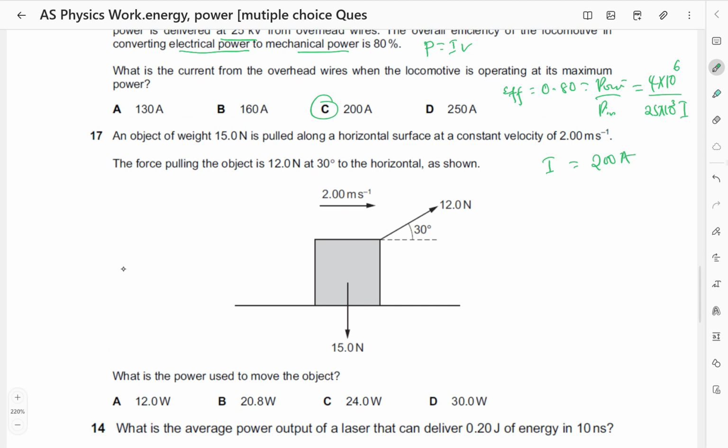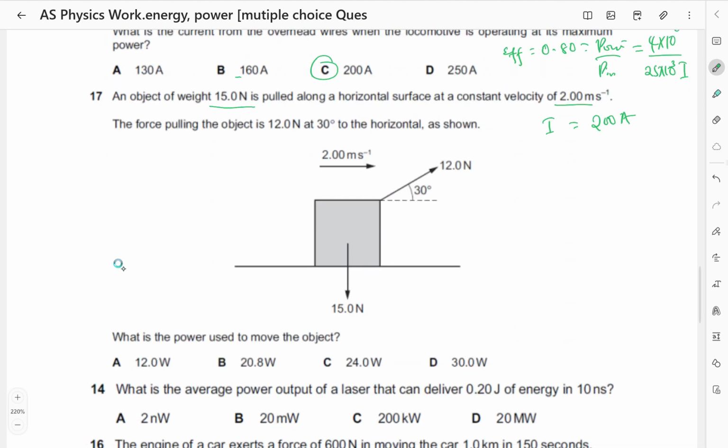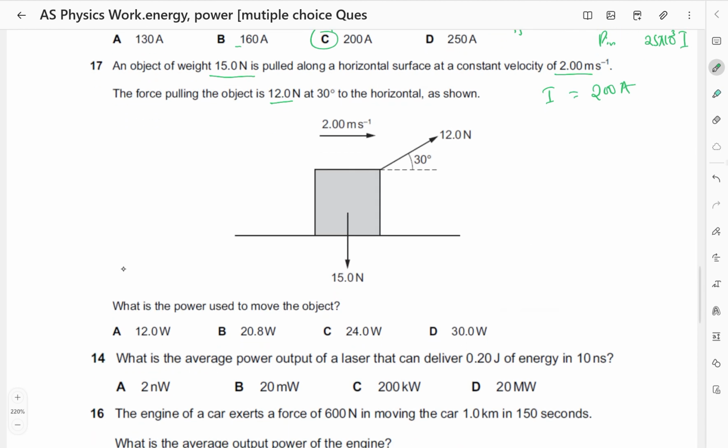An object of weight 15 newtons is pulled along a horizontal surface at a constant velocity of 2 meters per second. The force pulling the object is 12 newtons at 30 degrees to the horizontal. What's the power used to move the object? So we know that power is equal to force times velocity.